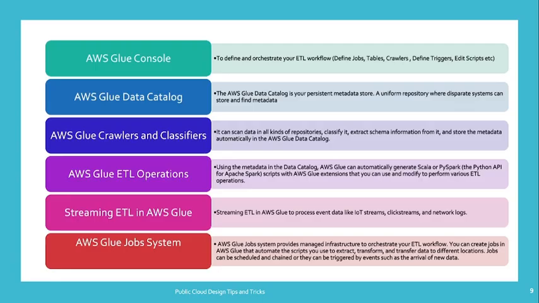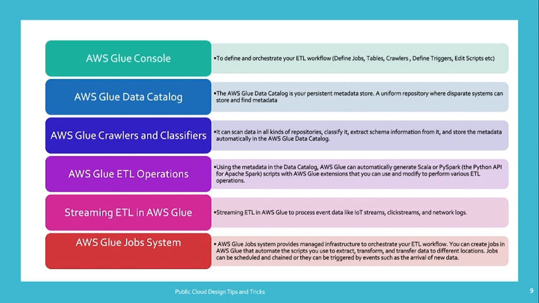So what is the AWS Glue console? To define and orchestrate your ETL workflow, you can define your jobs, tables, crawlers, define triggers, edit scripts, everything can be done by the AWS Glue console. So it has a console with which you can do all these operations. Then the AWS Glue data catalog.